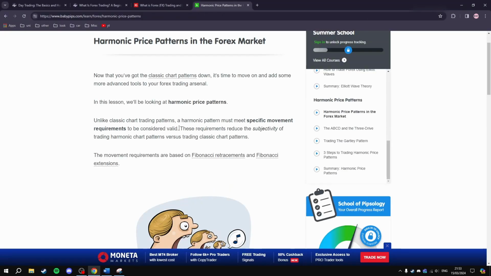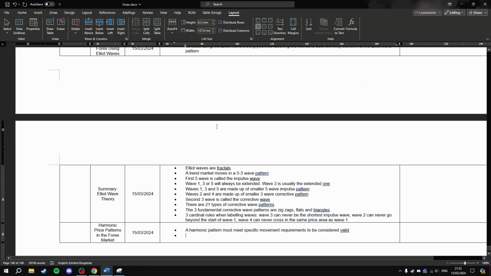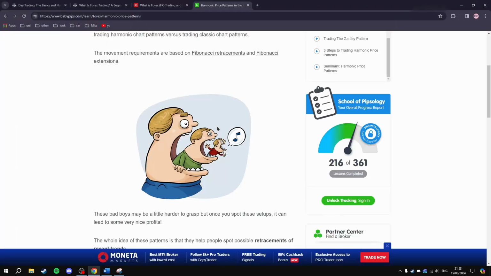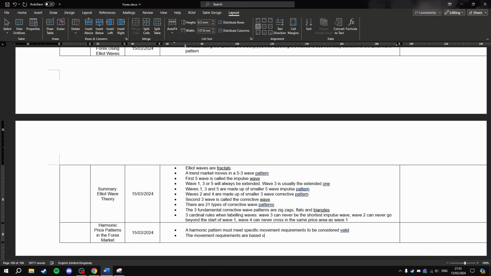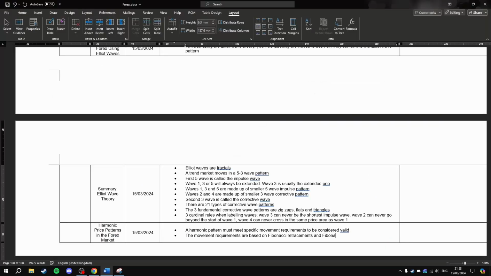These requirements reduce the subjectivity of trading harmonic chart patterns versus trading classic chart patterns. The movement requirements are based on Fibonacci retracements and Fibonacci extensions.